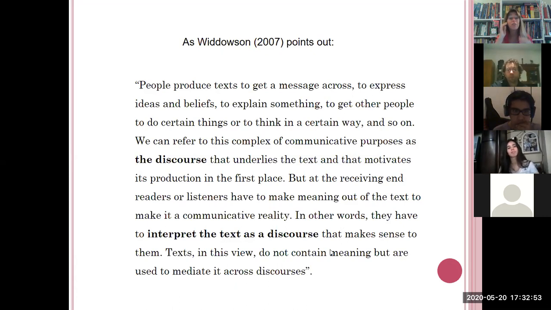We can refer to this complex of communicative purposes as the discourse that underlies the text and that motivates its production in the first place. But at the receiving end, readers or listeners have to make meaning out of the text to make it a communicative reality. In other words, they have to interpret the text as discourse that makes sense to them. Texts in this view do not contain meaning, but are used to mediate and to build meaning.